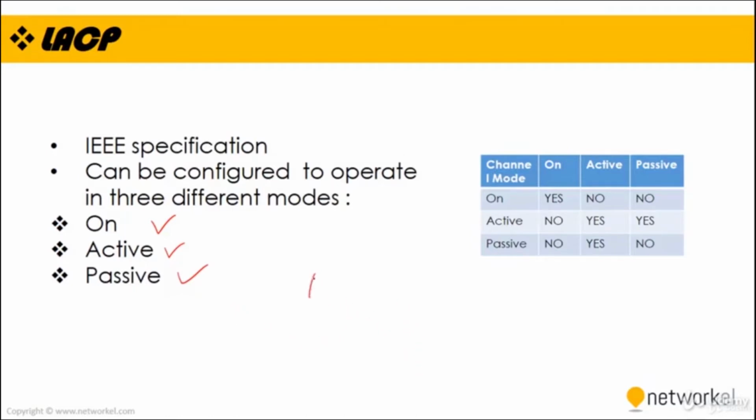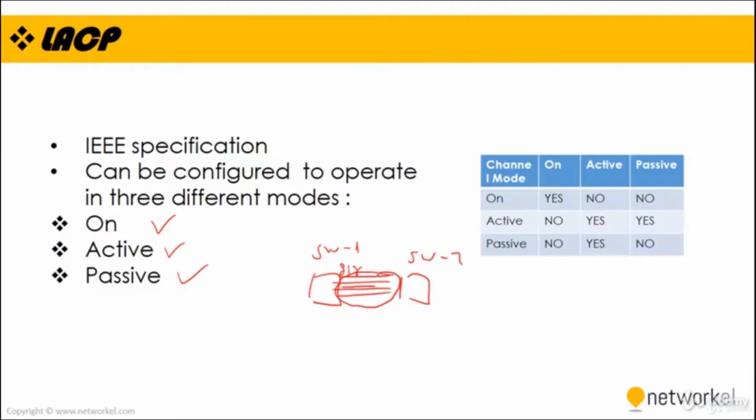For example, let's say that we have switch 1 and switch 2 again in here, and we have, for example, 4 separate gig links between each other, and we want to create an EtherChannel between these 2 by using LACP, which is an industry standard.